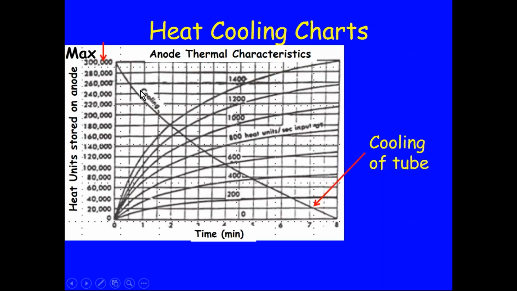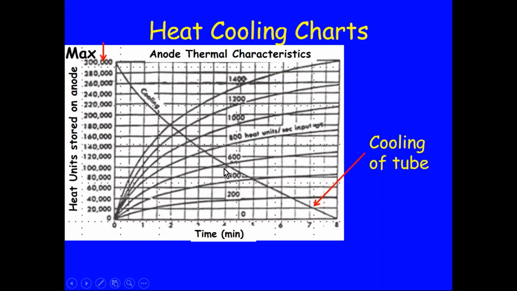What you do is, as time goes on, the tube is cooling off. How fast is it cooling off? That's what the cooling chart tells you. So for instance, if you started at time 0 at 300,000, the maximum, notice that after 1 minute you're down to, it looks like, 220,000 heat units. And the question is, how long does it take to completely cool off?